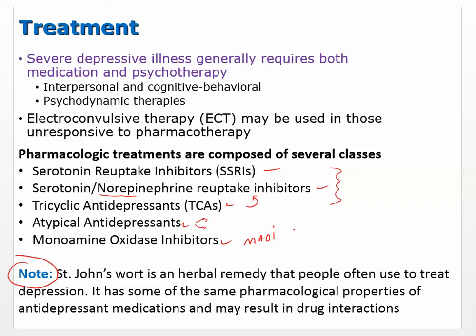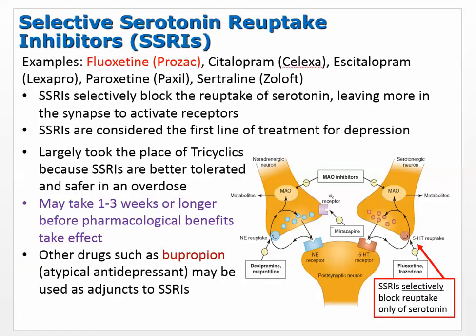So it can increase serotonin levels, which is the real problem, also norepinephrine. And so it's really important that you know if your patient is taking St. John's wort, because it can have interactions. That can really cause a problem like serotonin syndrome or something like that. So keep that in mind and check to see if St. John's wort is listed as an interaction.